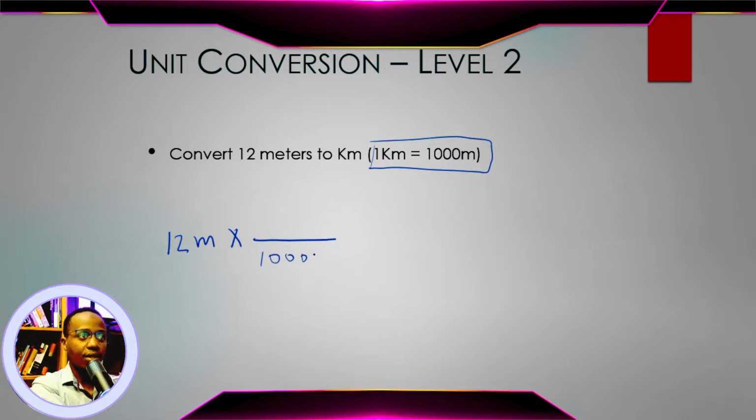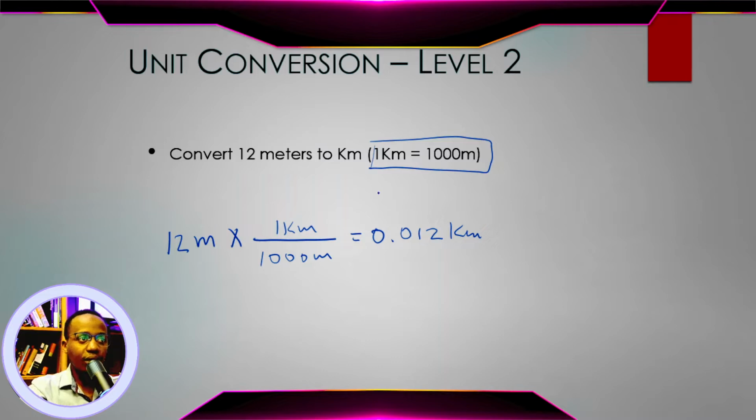So 1,000 meters here, and up here you have 1 kilometer. So it's going to be 12 times 1 over 1,000, which is 0.012 kilometers.